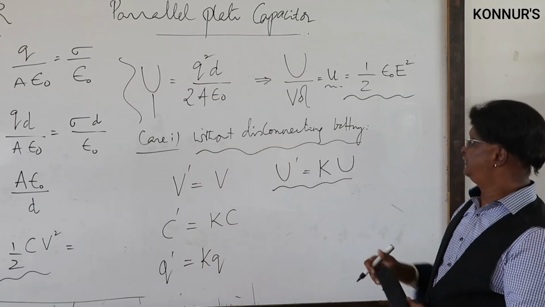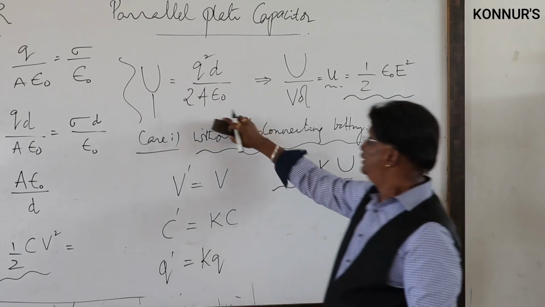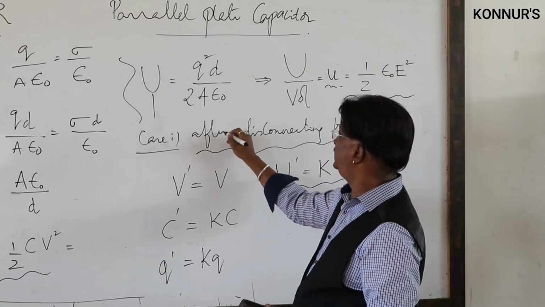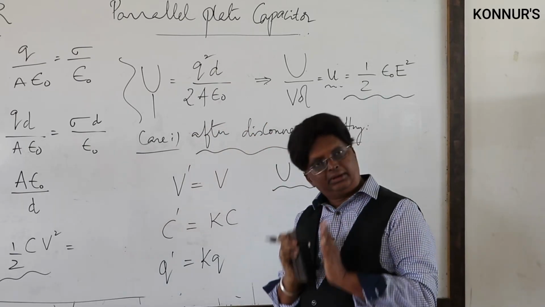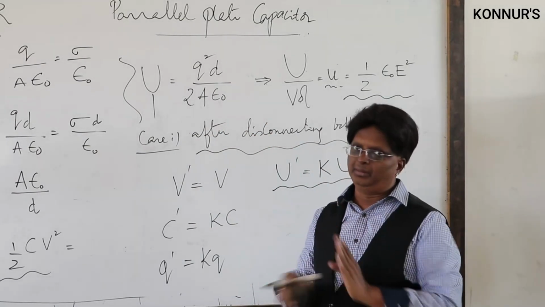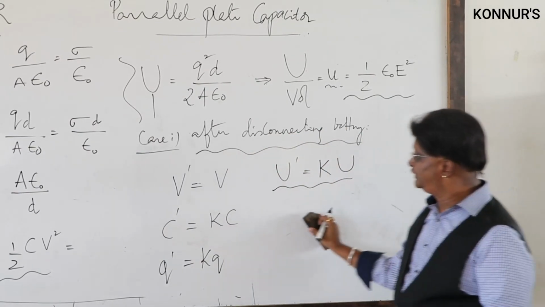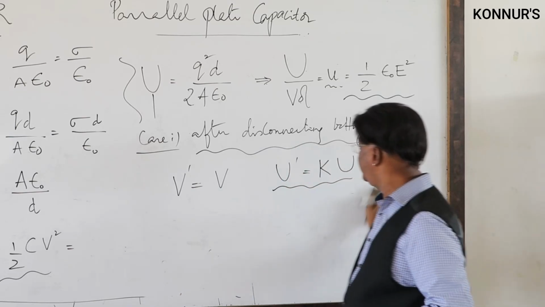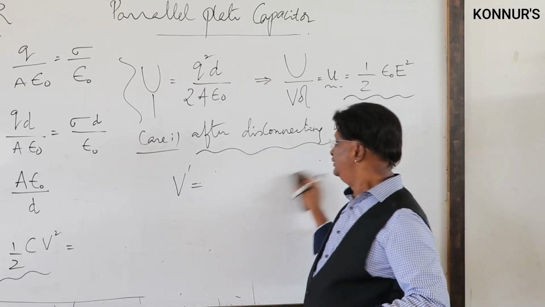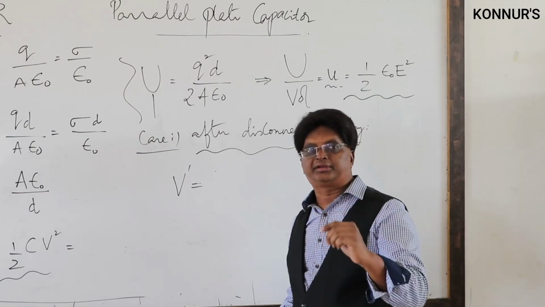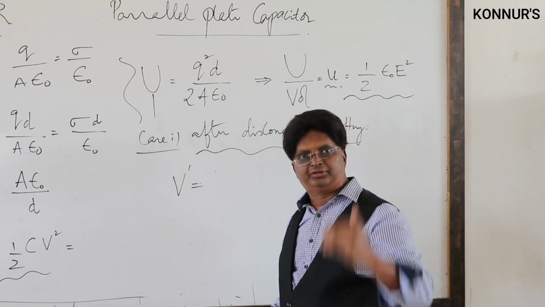Now in the same case, suppose I do it after disconnecting the battery. Again the dielectric is filled, complete filling, after disconnecting the battery. So what will be the results? What will be the changes that we observe? First, as earlier seen, the effect of dielectric is to reduce the intensity and hence potential decreases.